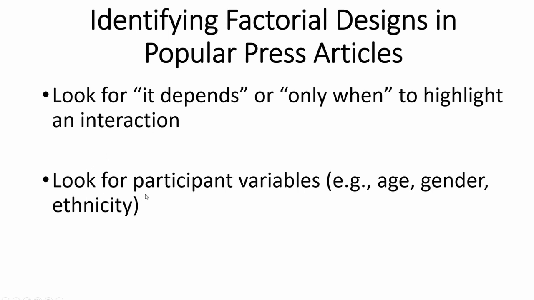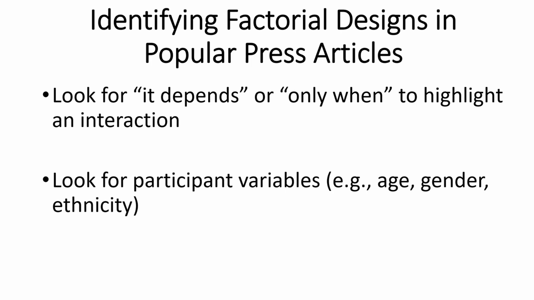You can also look for participant variables, things like age, gender, or ethnicity. Sometimes those participant variables might act as a moderator for another independent variable being talked about. Whenever we have a moderator, that's telling us there is an interaction there, and if we're looking at interactions, therefore there's going to be a factorial design.